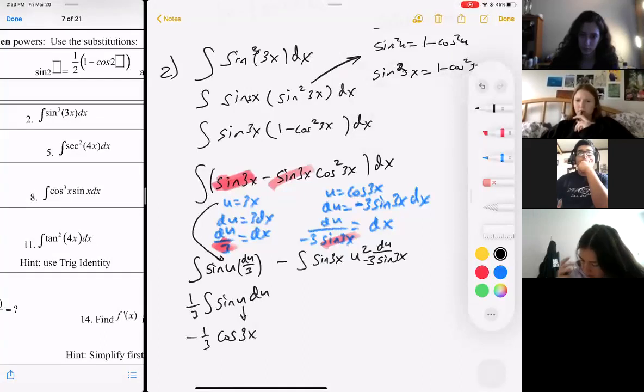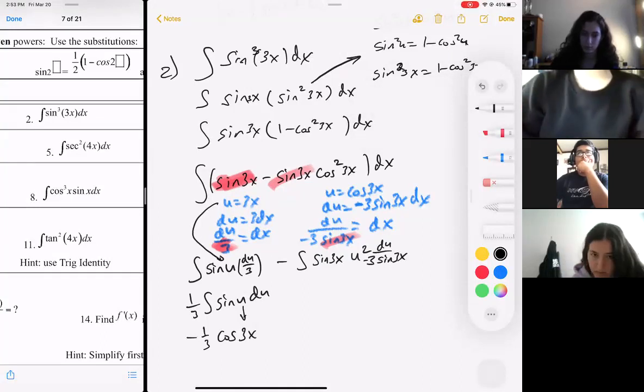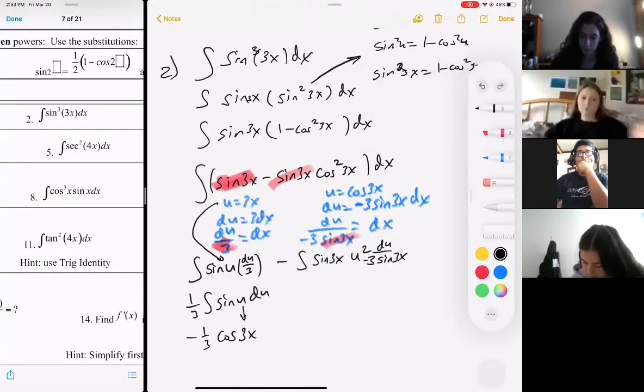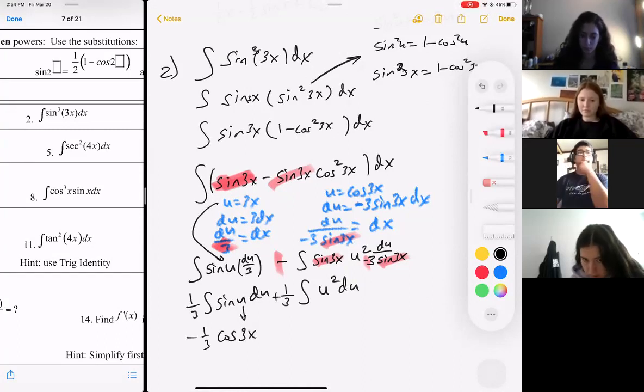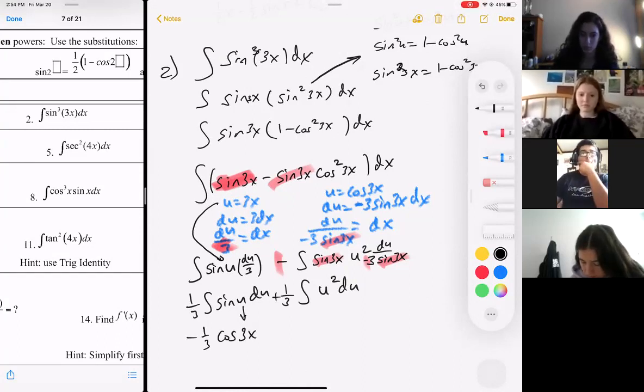If you see, the sine 3x divides out with the sine 3x, and the negatives become positive. So we're left with plus 1 over 3, the integral of just u squared du. Go ahead, take a look at that, making sure that you see I canceled out the sine. I moved out the 3, but we still have a u squared there. Cool thing about u squared, that's just the power rule.